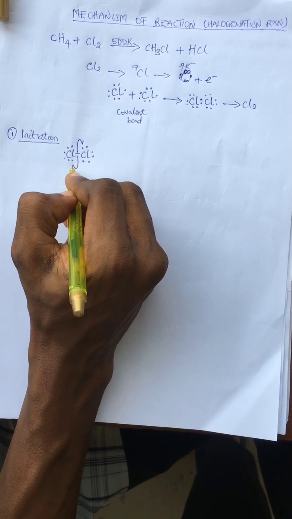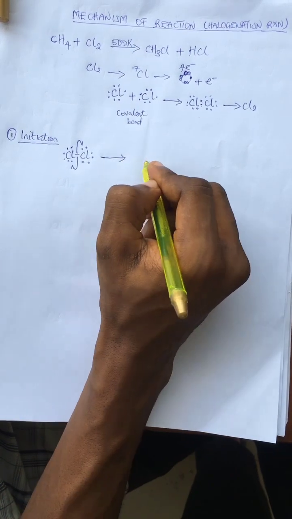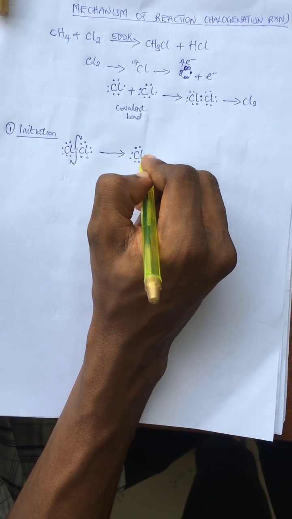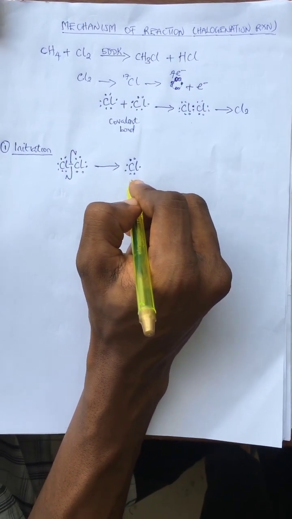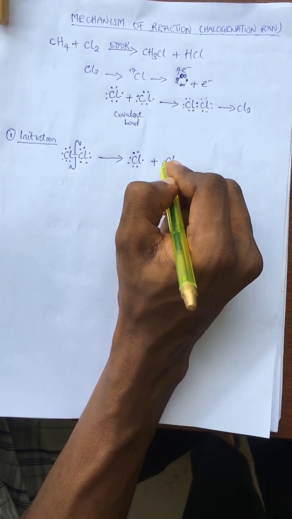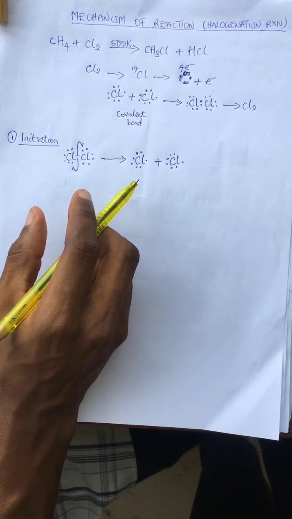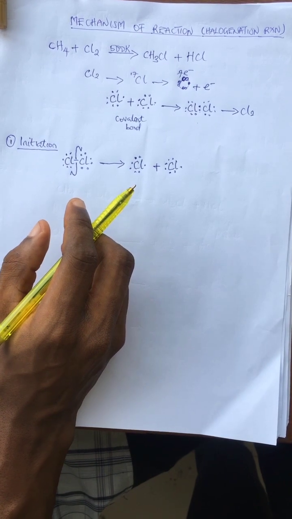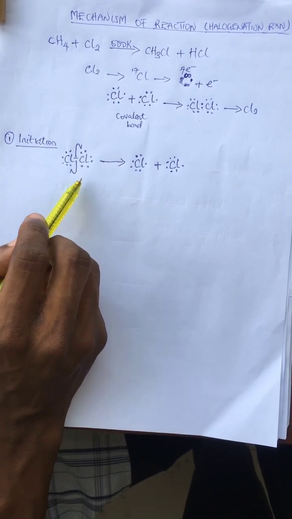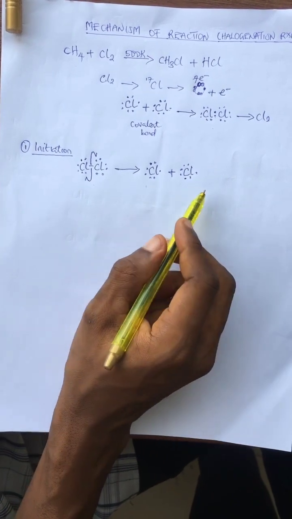It will dissociate into 2 chlorine atoms, or radicals, each with 7 electrons. So this is the first step. When we mix methane and chlorine, the first step is the initiation step. In the initiation step, our chlorine molecule dissociates into 2 chlorine atoms or radicals.